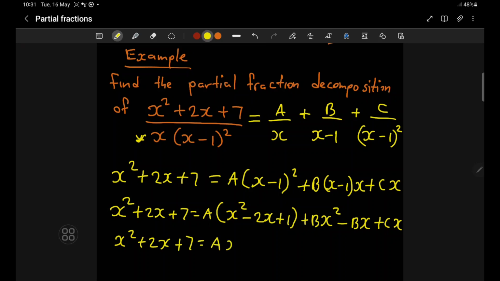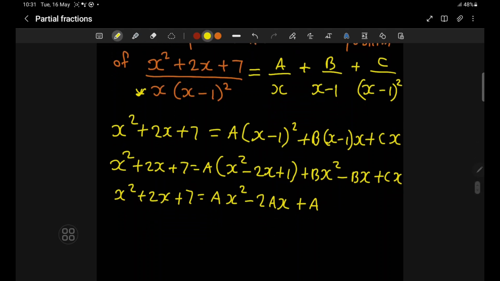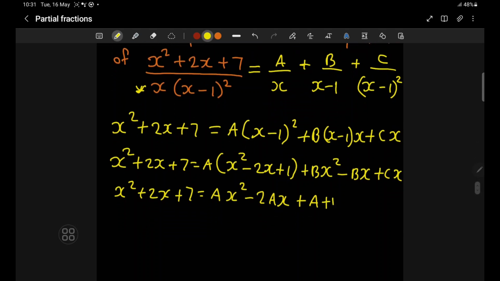We'll have ax squared minus 2ax plus a. Then we'll maintain this side. We're having plus bx squared minus bx plus cx. Then we can collect like terms and we factor. We'll collect like terms. So we'll maintain this side.